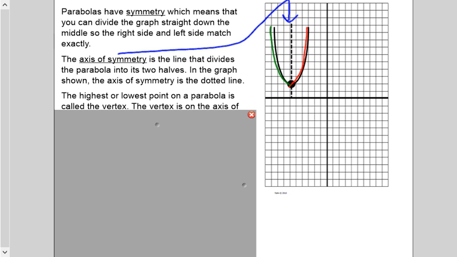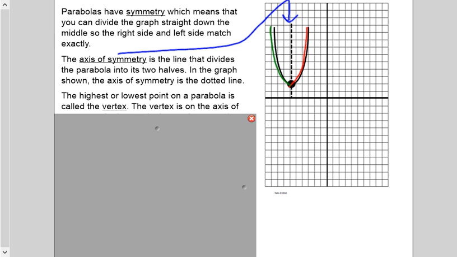Another definition. The highest or lowest point on a parabola is called the vertex. It can be either the highest or the lowest. In this case, the vertex is this black dot. In this problem, it is the lowest part of my parabola. There's nothing on that graph that's any lower.